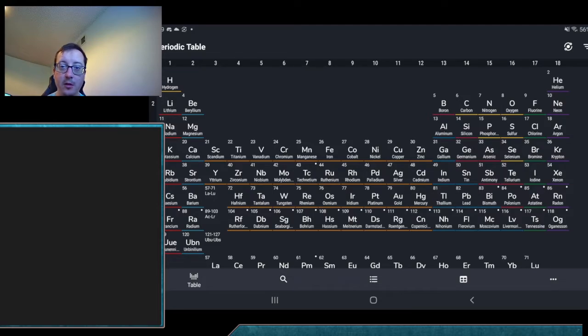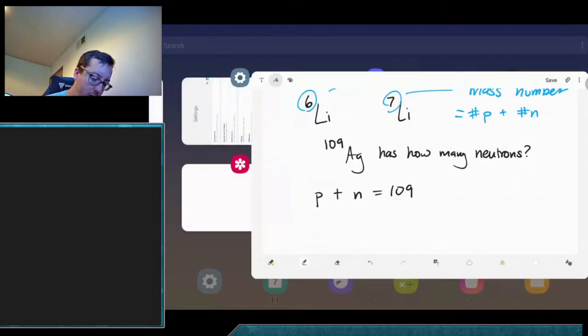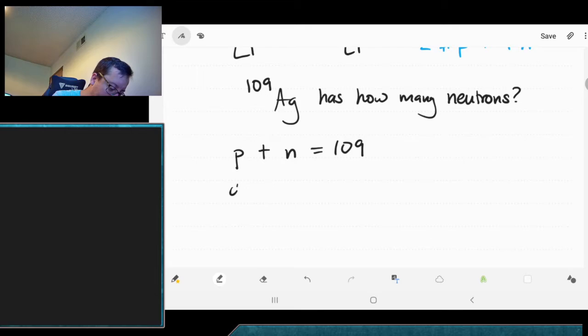And so it's generally a good idea to kind of get familiar with where some of these things are. Silver happens to be right here. And so we see it has an atomic number of 47. So we can say, 47 plus our neutrons is 109.